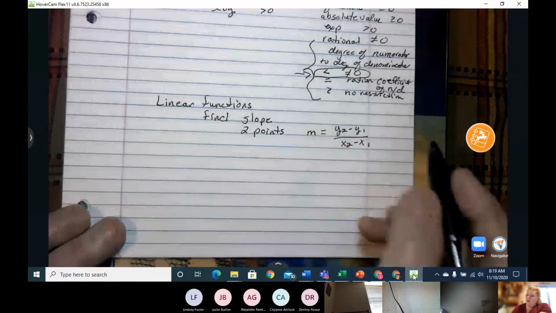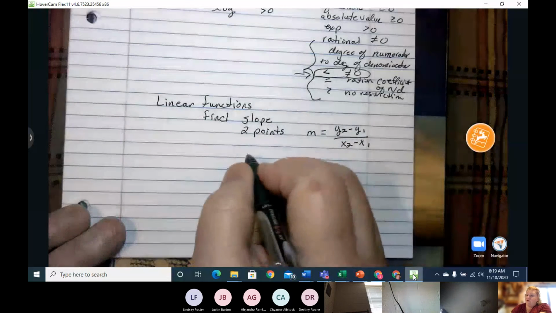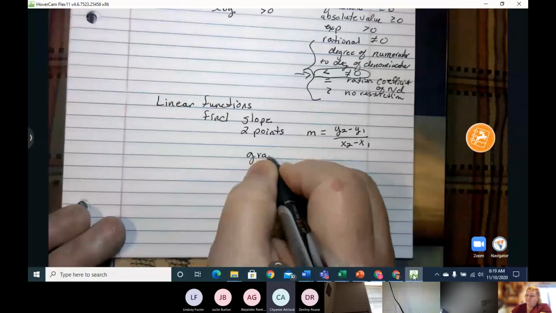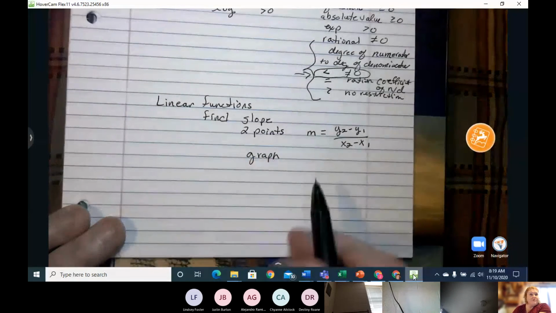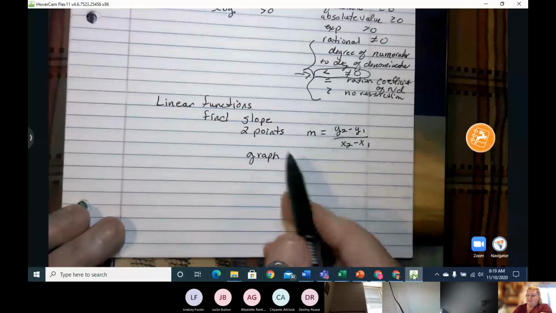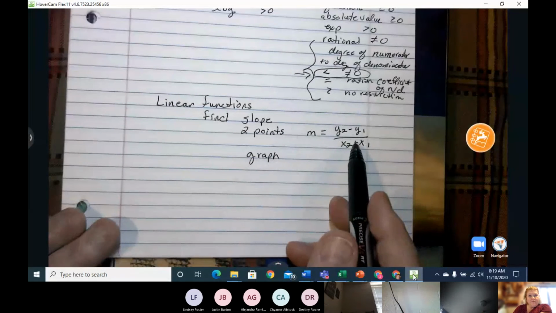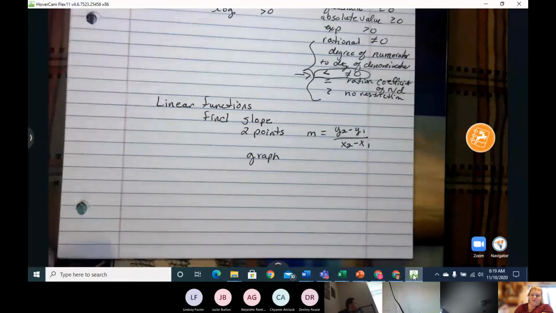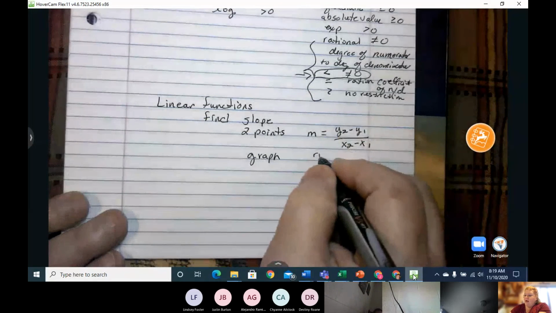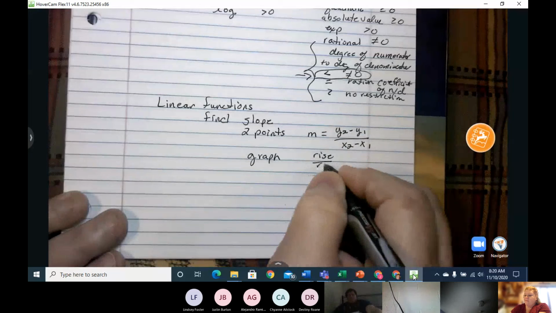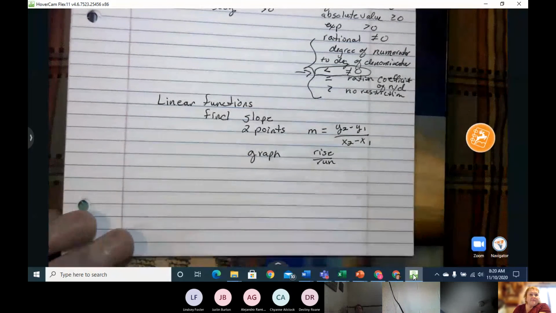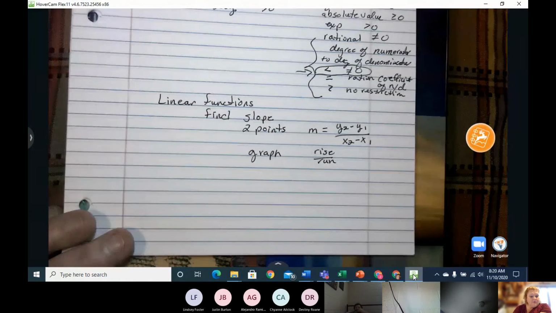If you find slope from the graph, you want to be able to either pick out 2 points from the graph and use the formula, or you want to be able to find rise over run from the graph.